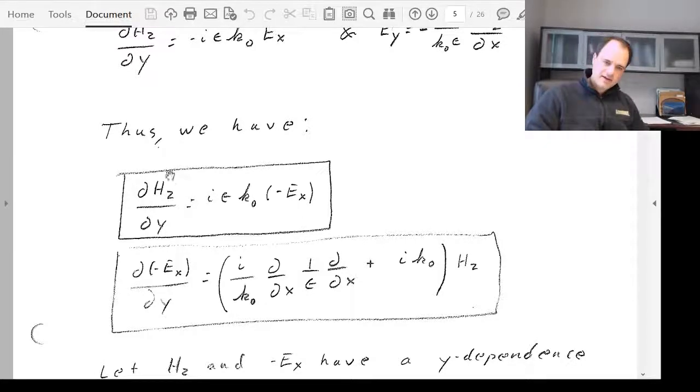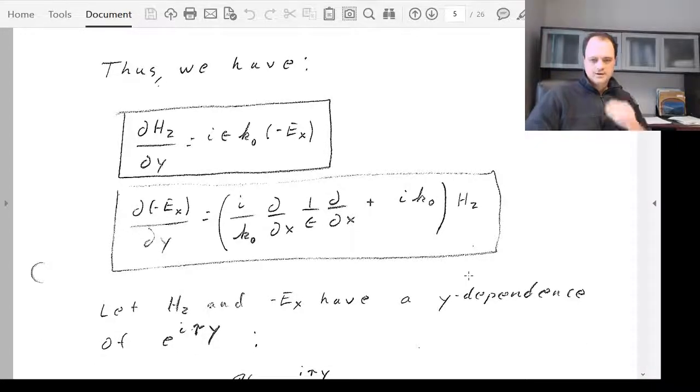And on this side, the left-hand sides, you see they're both partials with respect to y of h of z and minus E of x. And on the right-hand side, you see that this only depends on minus E of x for the first equation, h of z for the second equation. All right?